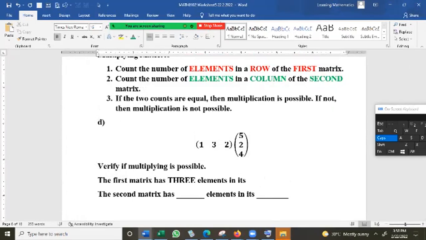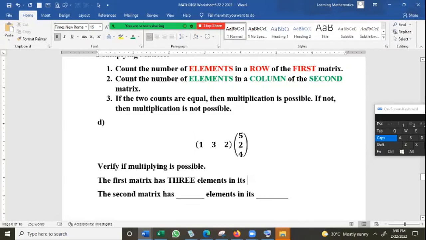Yes, it's only one row up there. There are 3 elements in its row. Here it is: 1, 2, 3.